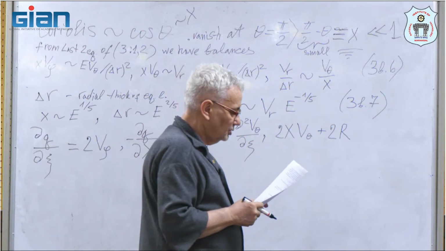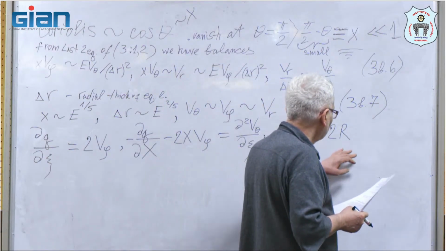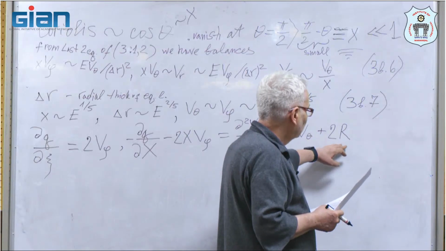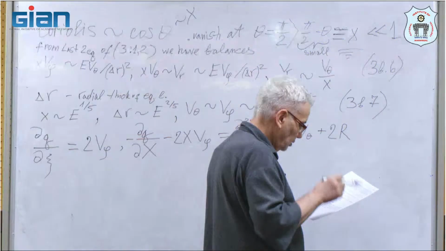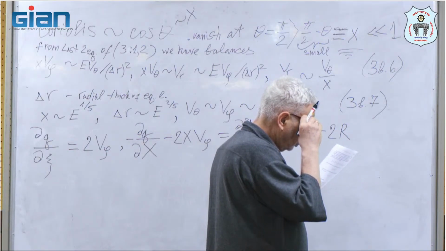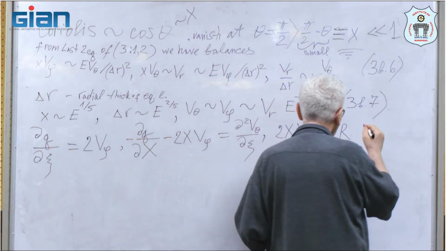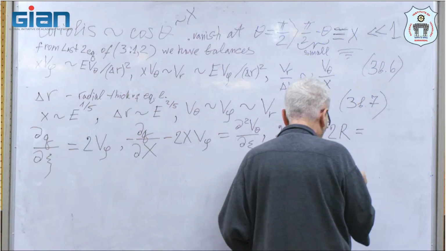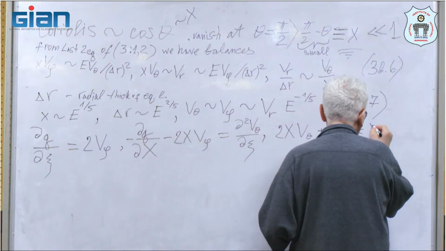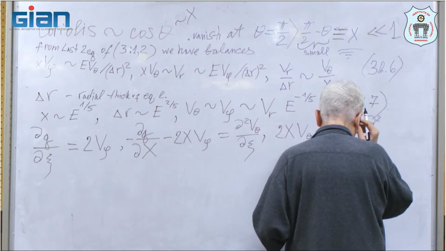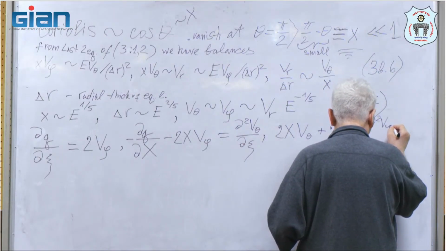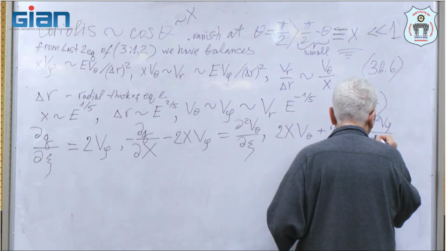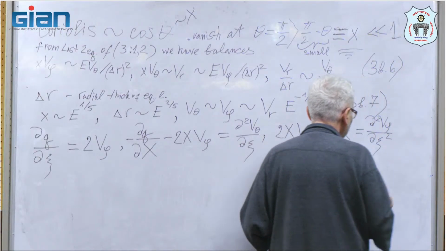So just use it as capital R just to distinguish, but it's the normalized radial component which will be written down. So this is equal to the second derivatives of V phi.